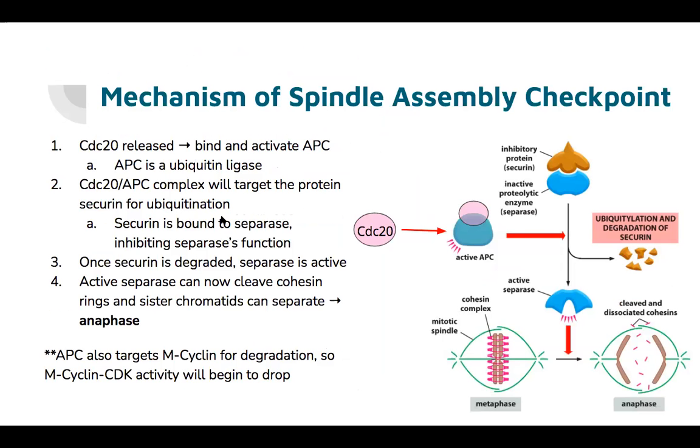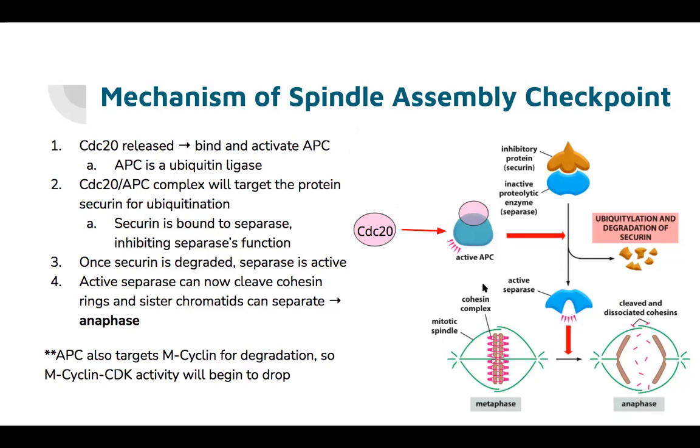Once CDC20 is released, it can bind and activate the APC, and the APC is a ubiquitin ligase. This creates the CDC20-APC complex, which targets the protein securin for ubiquitination.